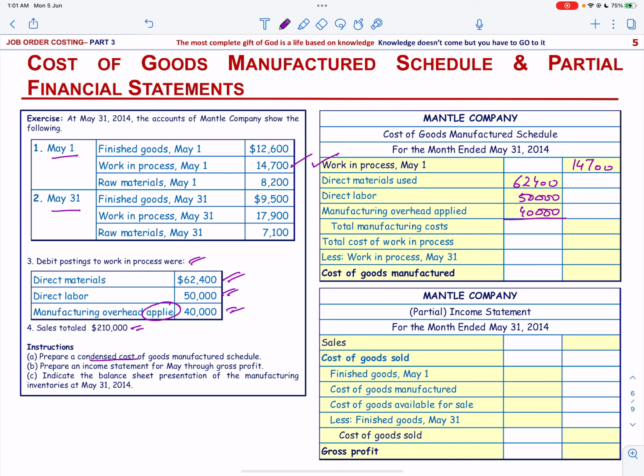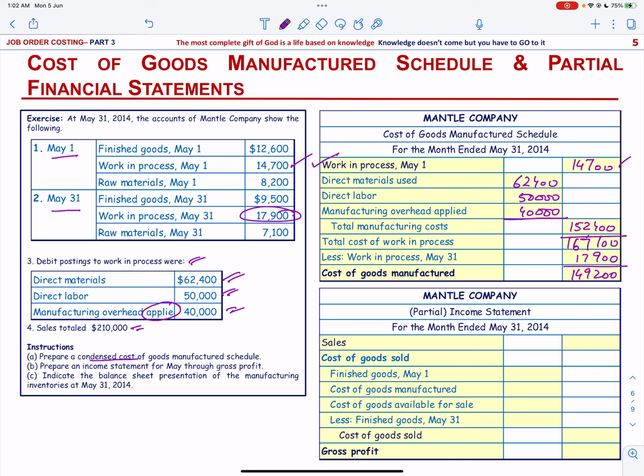So the total manufacturing cost is 152,400, and if we add this to the beginning work in process, we get the total cost of work in process, that is 167,100. From this we are going to subtract the ending work in process, which is 17,900. So this gives us the cost of goods manufactured as 149,200.